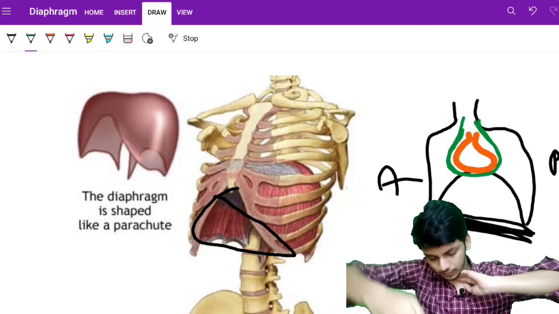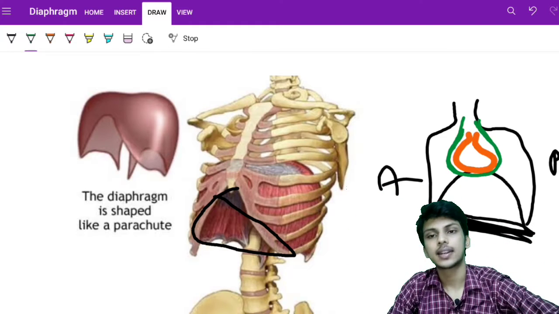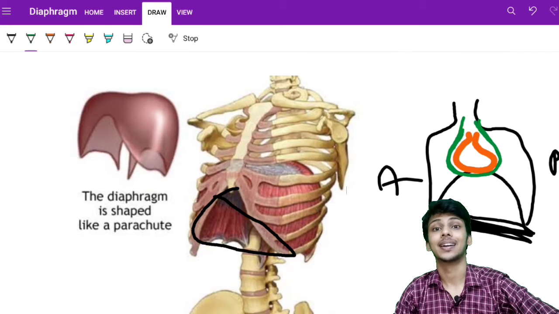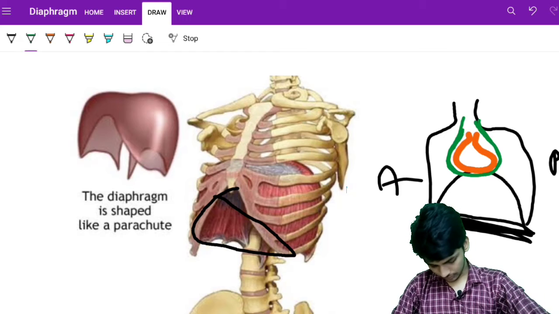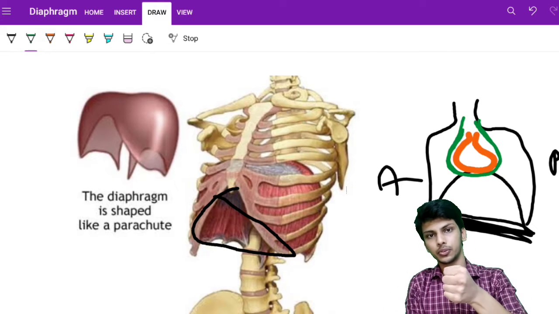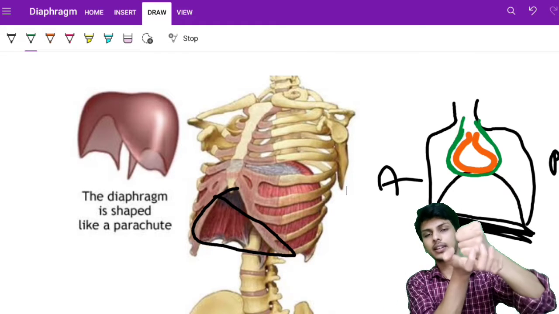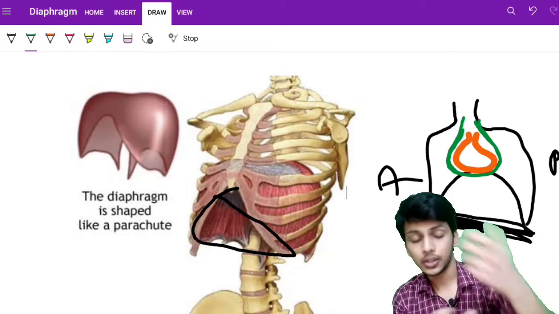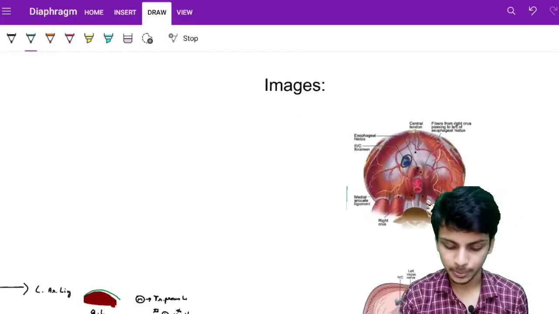During development they came down like this, heart and diaphragm both, and the phrenic nerve still came with them, a loyal friend, and the heart and the diaphragm are also good friends. So the fibrous pericardium held the diaphragm like this, so it is contributing to its dome shape.